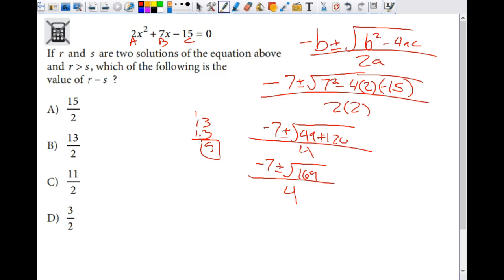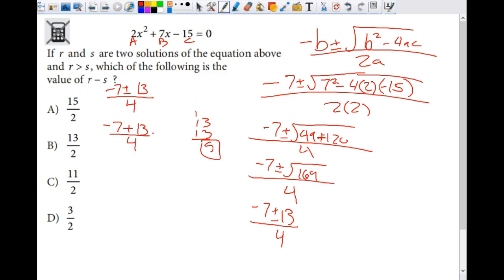So we know it's negative 7 plus or minus the square root of, oh, not the square root, we know it's 13 now. Negative 7 plus or minus 13, divided by 4. Negative 7 plus 13 divided by 4.